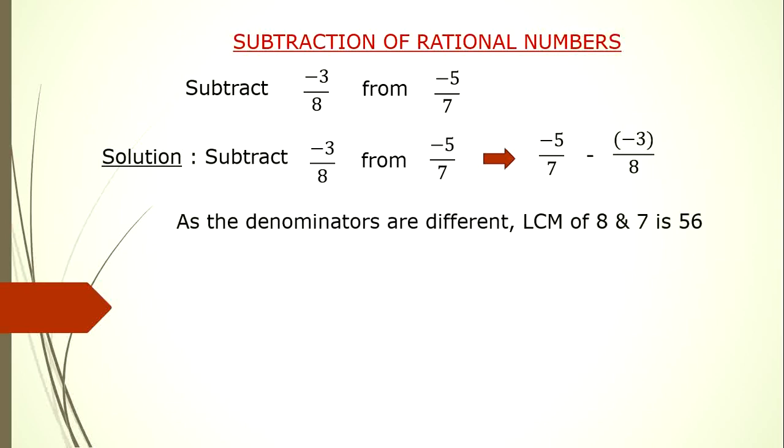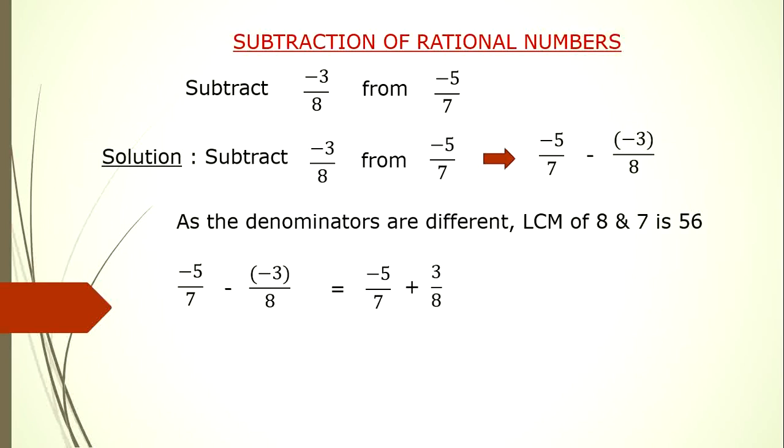So we take the denominators. The denominators are 7 and 8. So the LCM of 7 and 8 is 56. So minus 5 by 7 minus of minus 3 by 8 gives us minus 5 by 7 plus 3 by 8.